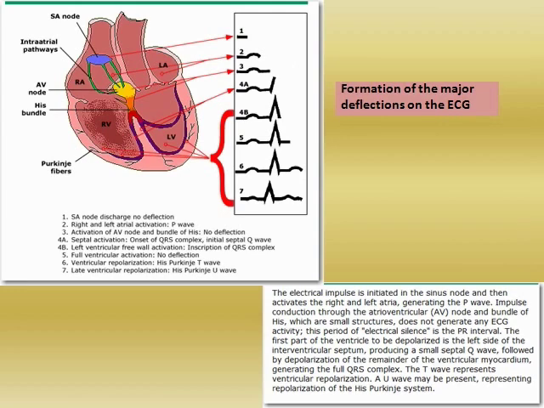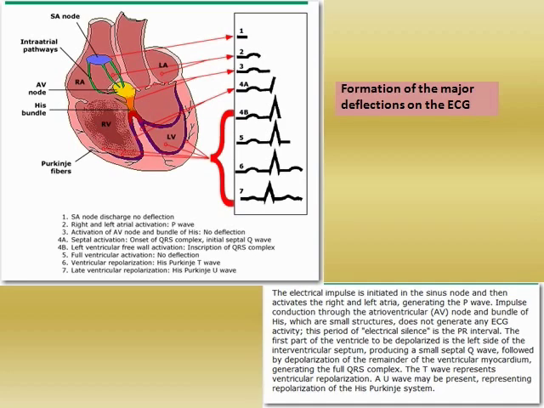The yellow round thing in the middle at the level of the AV valve is the AV node. Then below is the His bundle, which divides into two, the Purkinje fibers, and they are numbered as 1 to 7, and correspondingly you can see the waves which are represented on your right side in the same panel.